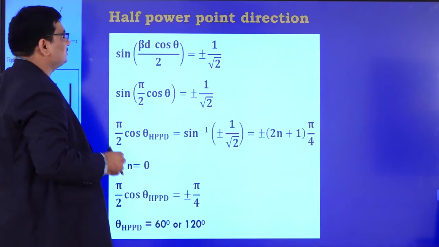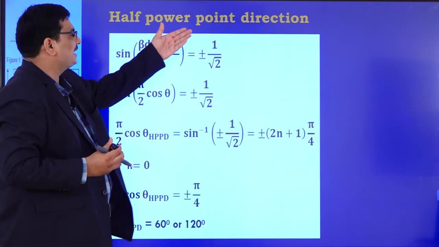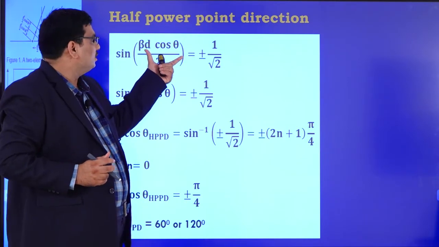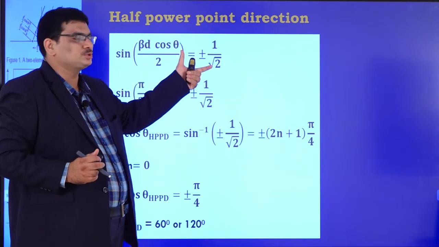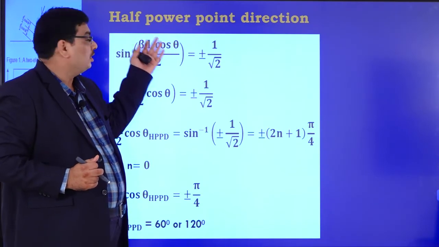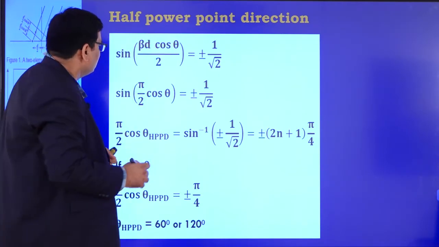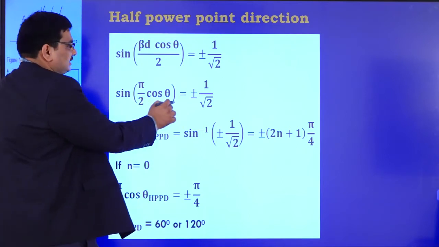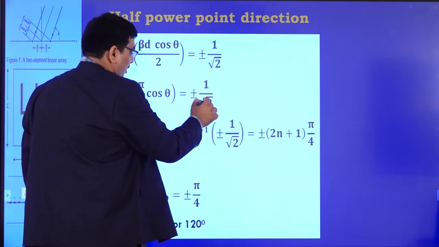Now the third case, the half power point direction. Here also we take the phase term equal to plus or minus 1 by root 2, substituting β equal to 2π/λ and d equal to λ/2. Again we get sin((π/2) cosθ) equal to plus or minus 1/√2.